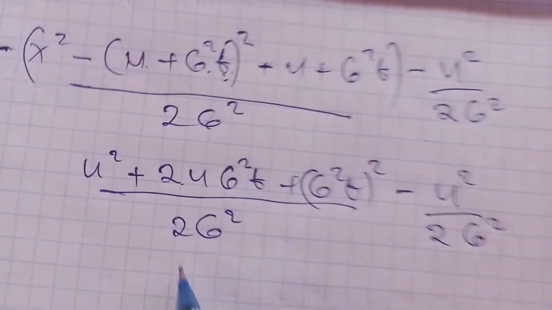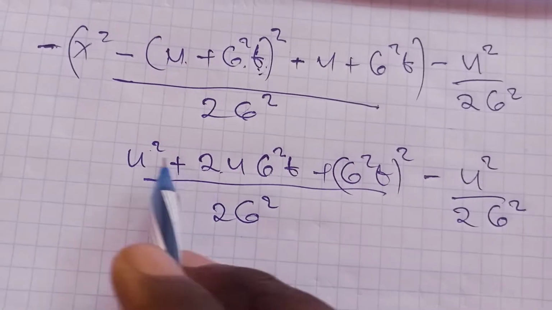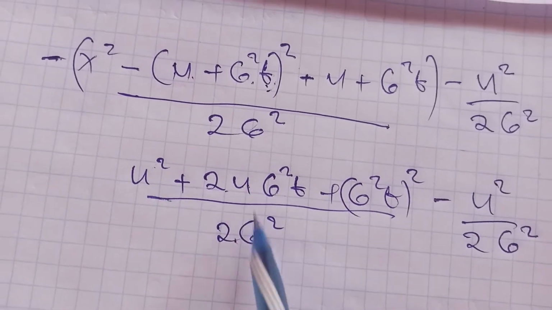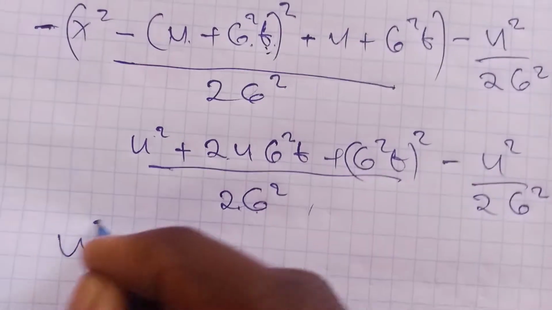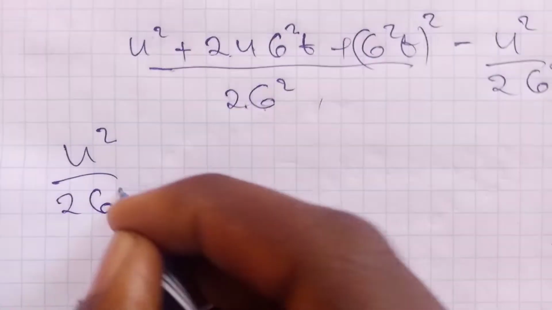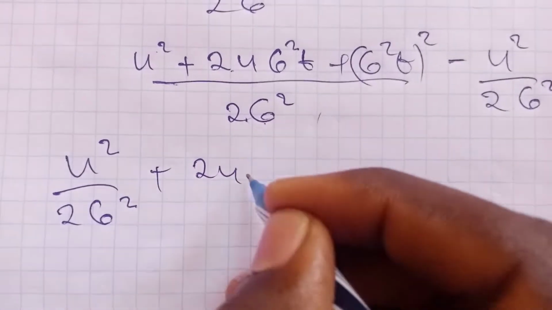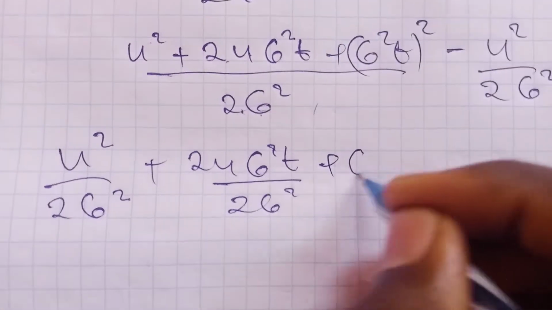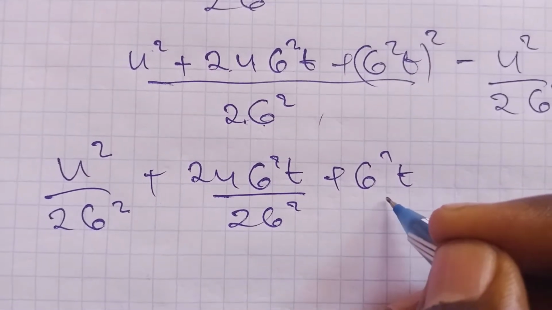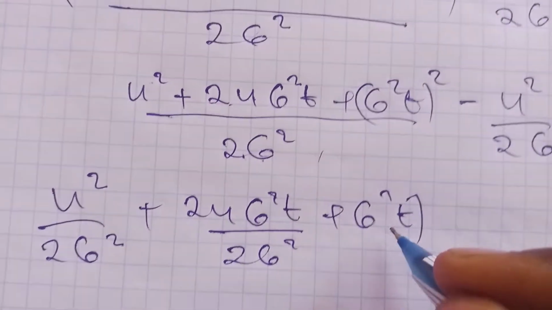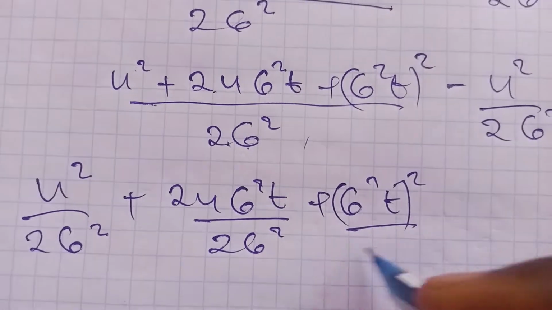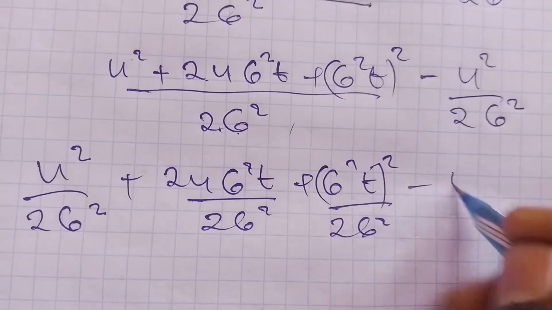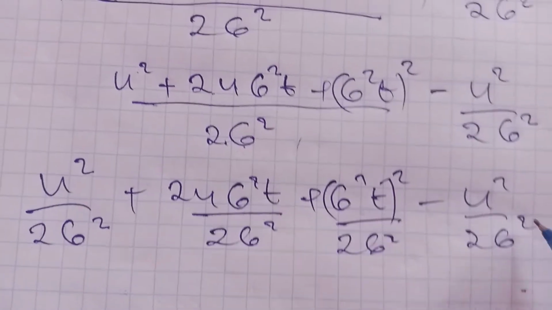So from there we are going to divide this one by this, and this by this. There will be u squared over 2 sigma squared plus 2u sigma squared t over 2 sigma squared plus sigma squared t squared divided by 2 sigma squared minus u squared over 2 sigma squared.